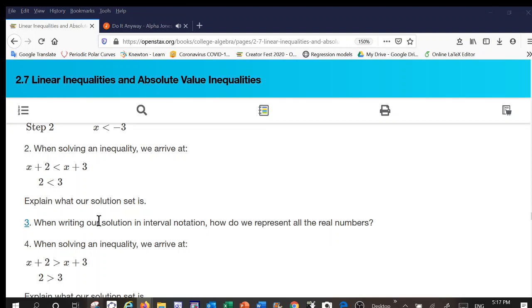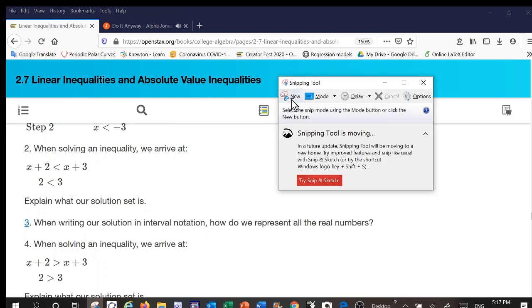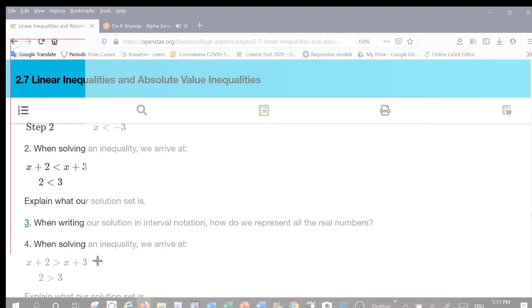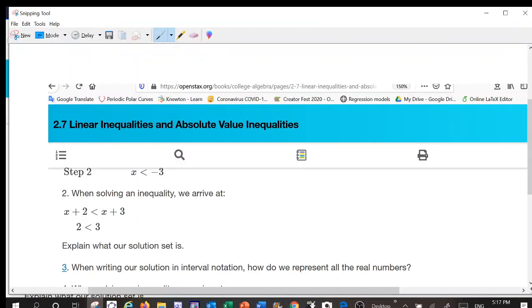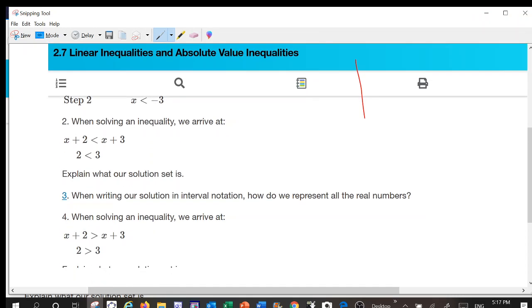Well, let me get some space here we can write on. In this inequality, if I subtract x from both sides, I'm going to end up with 2 less than 3. What does that mean?